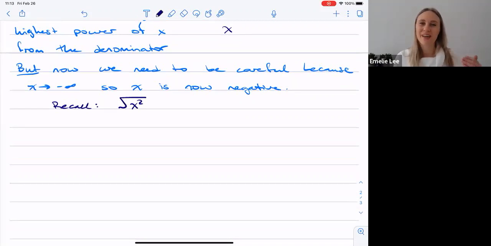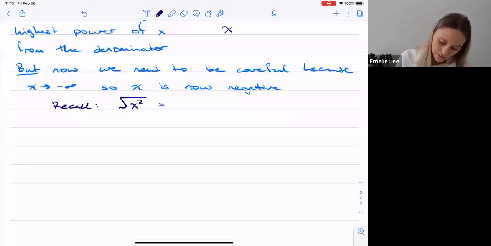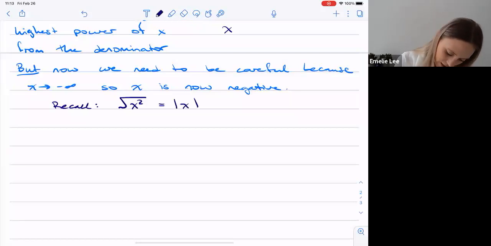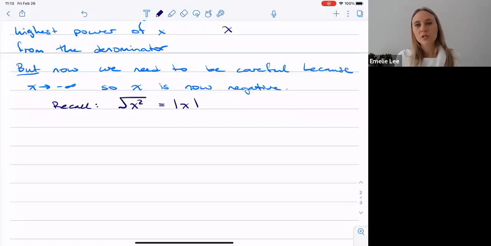Because I want to bring that x under the square root, we know we have to take the square and then the square root kind of undoes it, right? But the square root of x squared is technically the absolute value of x, which is fine if x is positive, right?